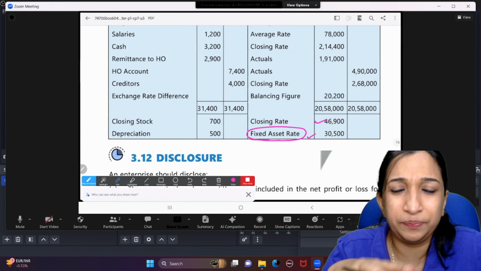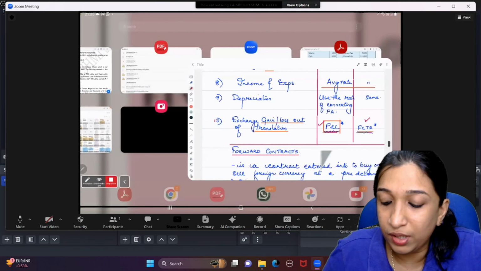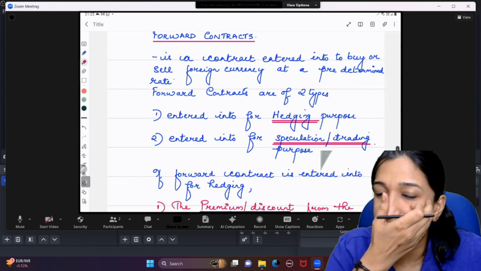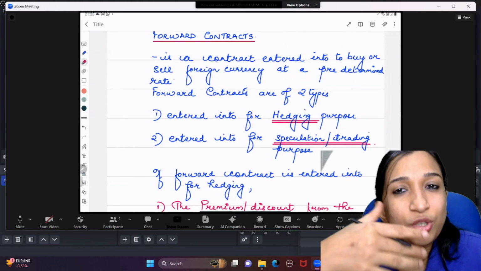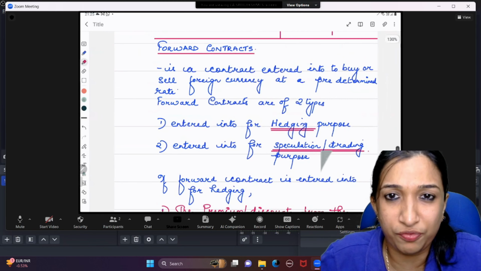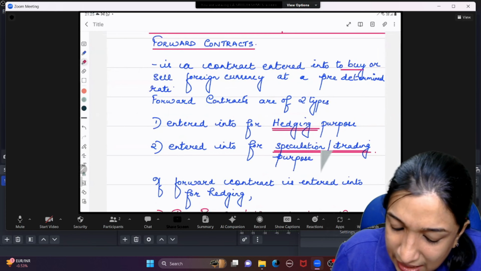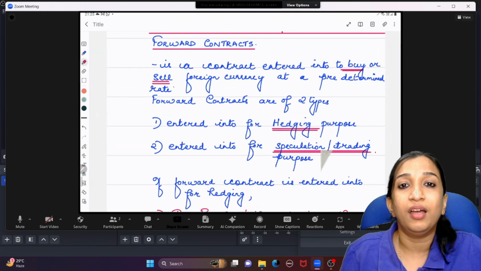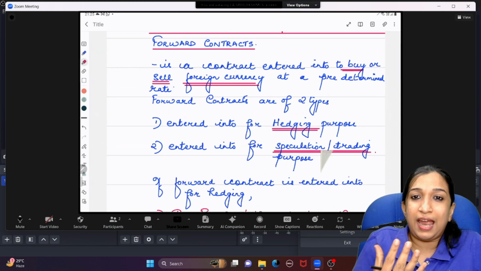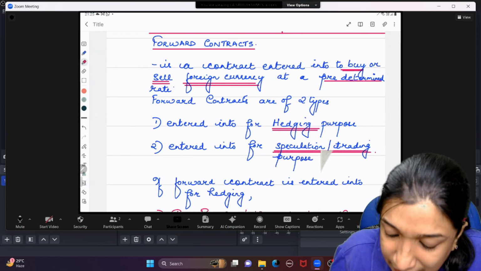I hope it's okay. Now we have accounting of forward contracts. What do you mean by forward contracts? Forward contract in this particular scenario, from the AS11 point of view, is a contract entered into to buy or sell foreign currency, to buy $1 lakh or to sell $1 lakh at a predetermined rate.